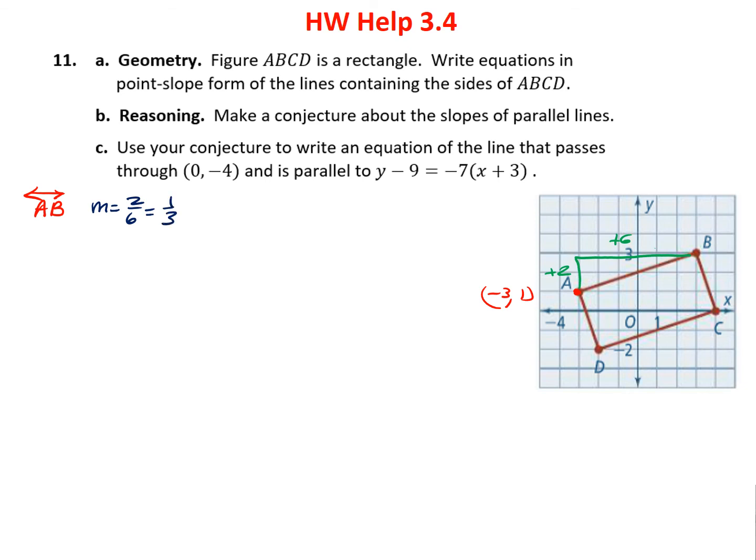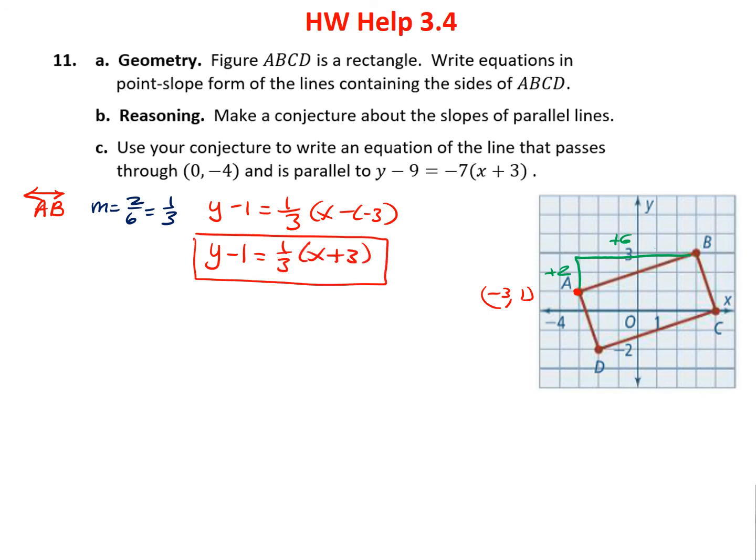I have that point, so I can now write an equation using the point-slope formula: y minus 1 equals 1/3 times x minus negative 3, or y minus 1 equals 1/3 times x plus 3. So that's my first equation.